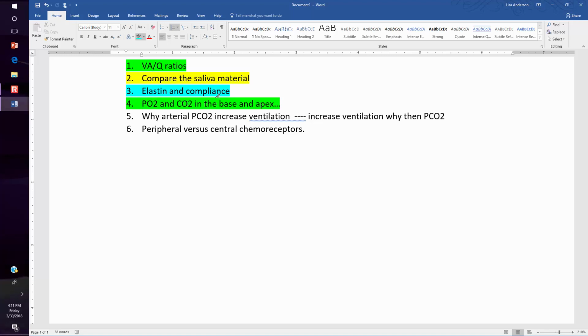And out in the interstitium, there's a weave of elastin and collagen. Now, elastin and collagen themselves do not stretch, but they are woven and cross-linked into a network of fibers, and the network of fibers stretch.